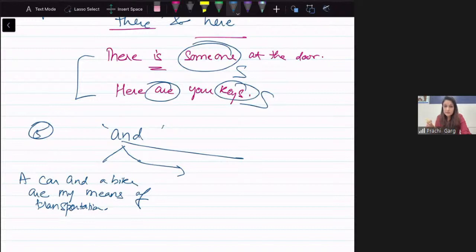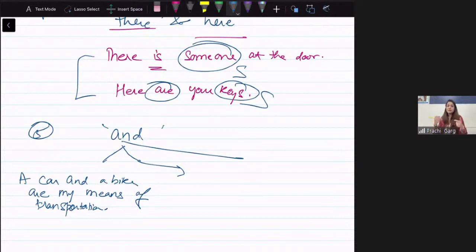Yes. The bread and butter is my favorite breakfast. The bread and butter always comes together. It is one unit because obviously you apply butter on the bread. Can you have just bread, and can you have butter separately? No. So usually you always keep these two things together, right? So the bread and butter we consider as one unit.